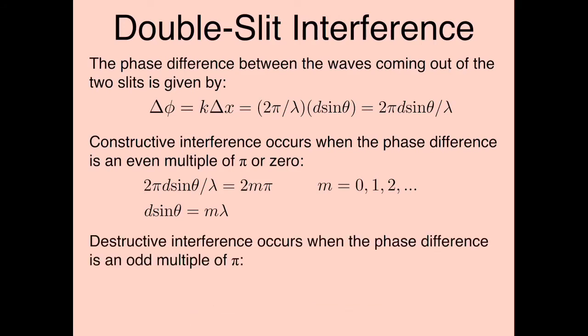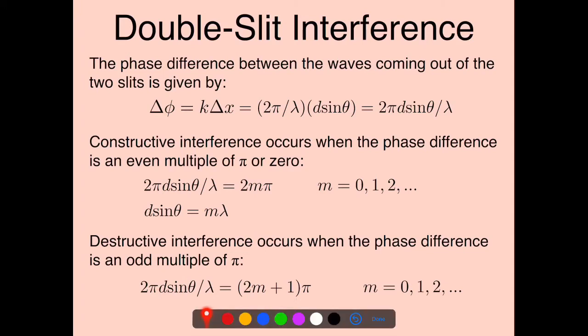We can also solve for the destructive interference condition. Remember, destructive interference occurs when the phase difference is an odd multiple of pi. So we have pi, 3 pi, 5 pi, and so on. So again, we'll put delta phi over on this side, 2 pi d sine theta over lambda.